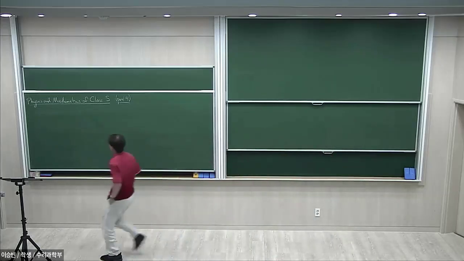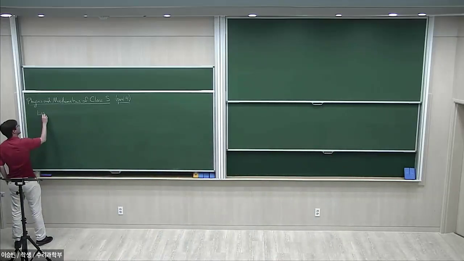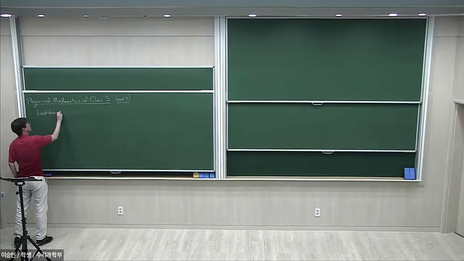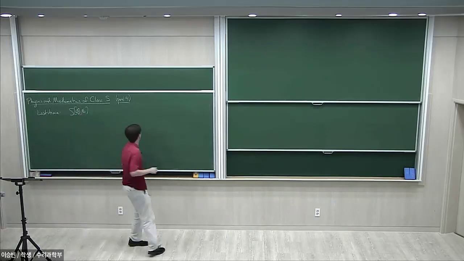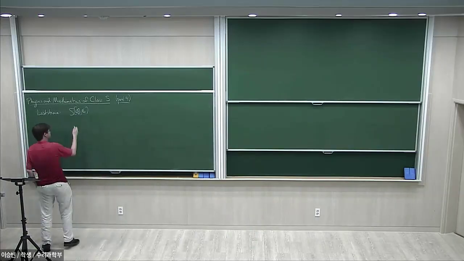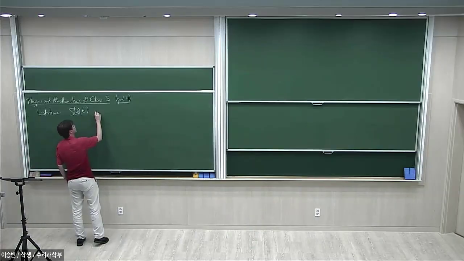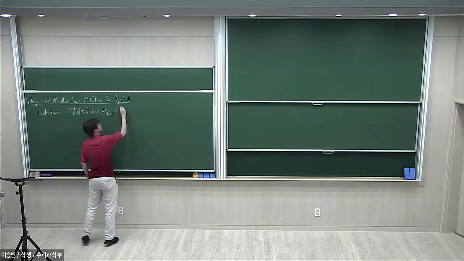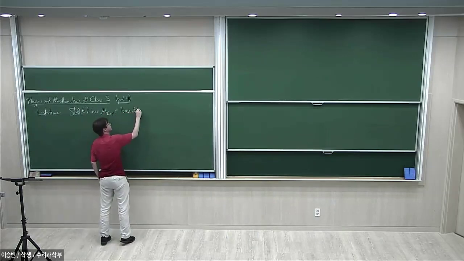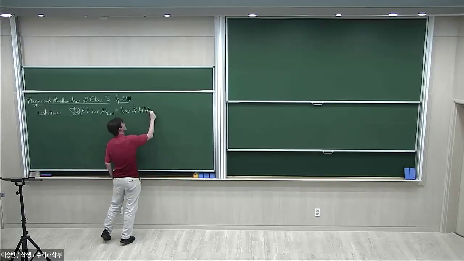So last time we said if I study a class S theory determined by a Lie algebra and a Riemann surface, if we study it in 4 dimensions, then it has a Coulomb branch, which is the base of Hitchin's integrable system.